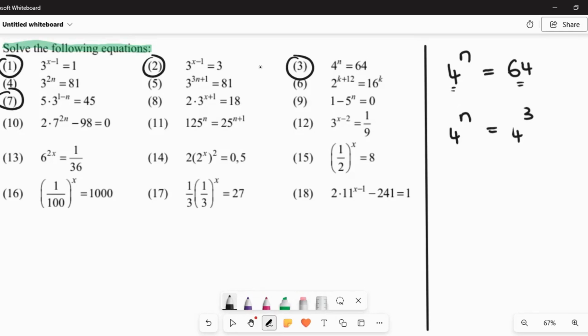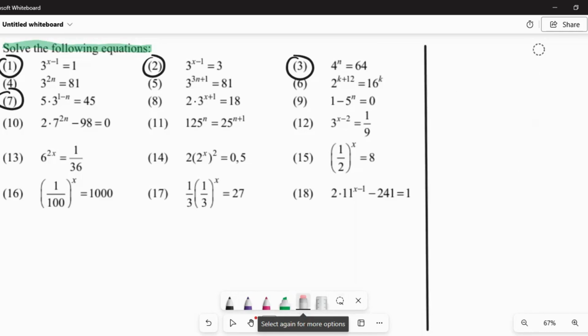You can quickly check it in your calculator, and you will see that it gives you 64. Because we have the same bases on both sides, we can cancel the bases. Therefore, we're left with n is equal to 3. See? Please leave a comment below if there's something that you do not understand.